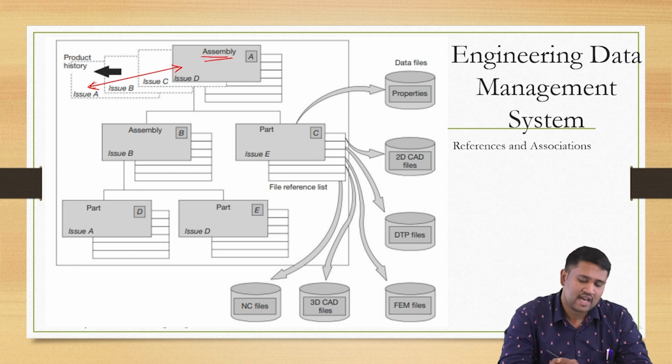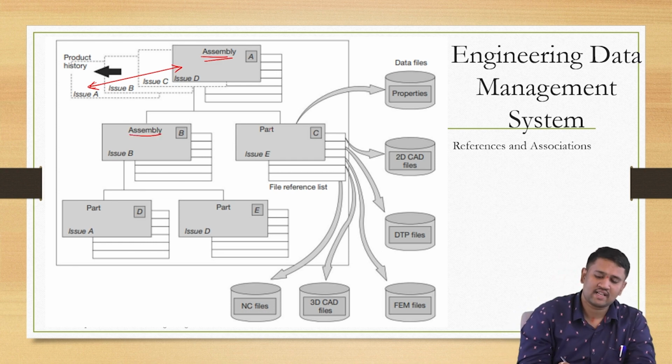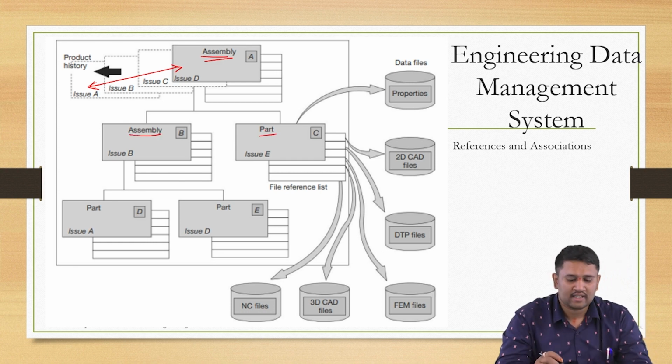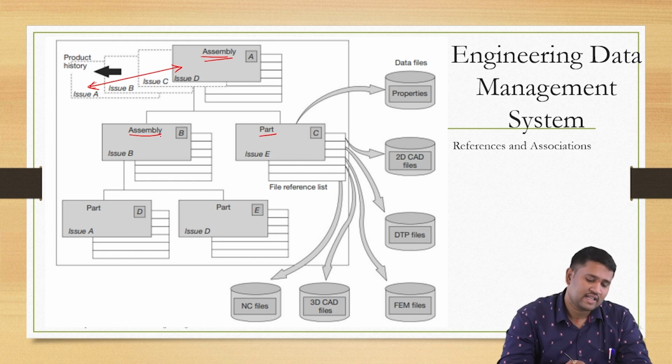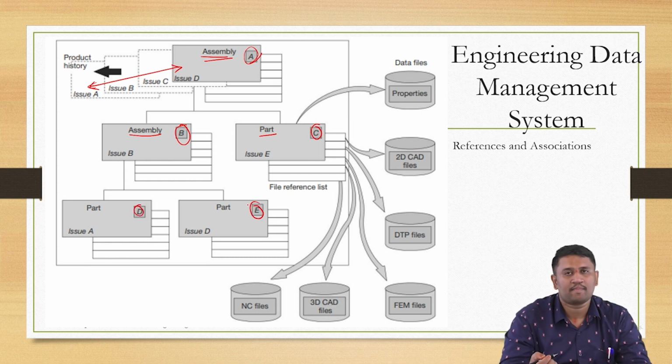Now each assembly has a number of sub-assemblies as well as parts, right? Each part will have separate issues that are secondary. Each assembly, let's say assembly A, is made of sub-assembly part B as well as part C. Again, sub-assemblies are further broken down into sub-parts.